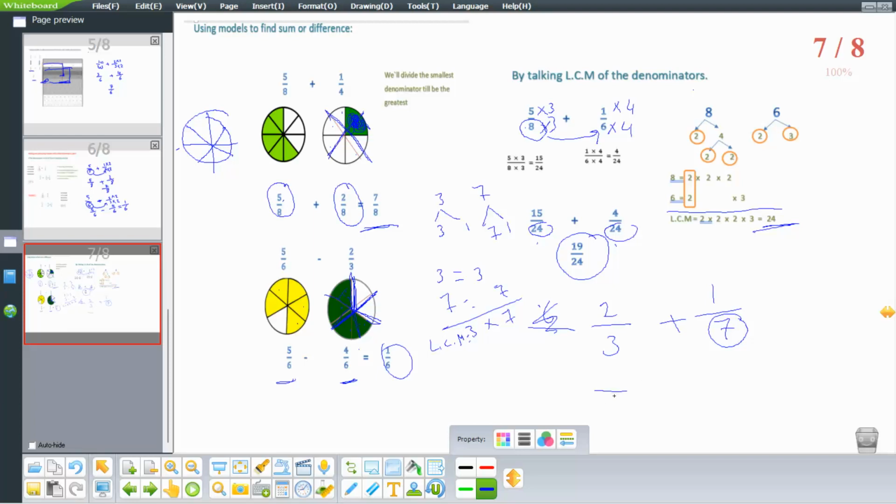So the new denominator is 21, and here 21. For 3 to be 21, we will multiply by 7, and 2 times 7 equals 14. 7 times 3 equals 21, and 1 times 3 equals 3, so it will be 14 plus 3 equals 17 over 21. Let's see the last.